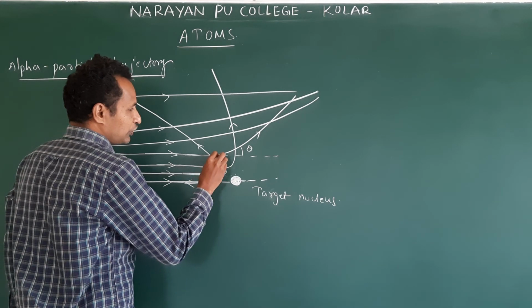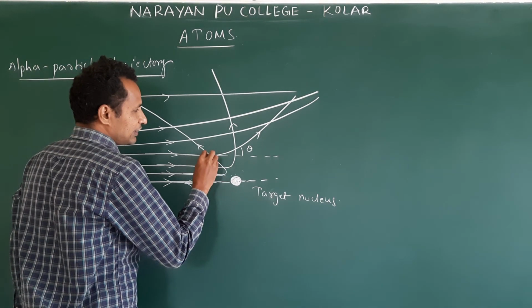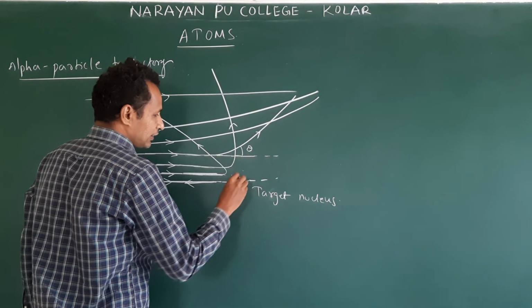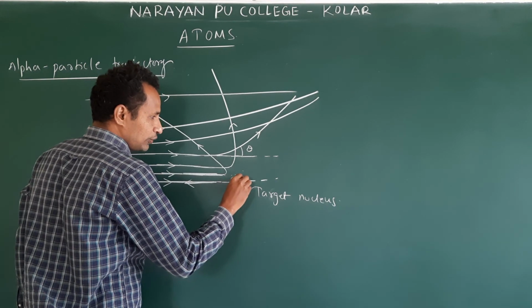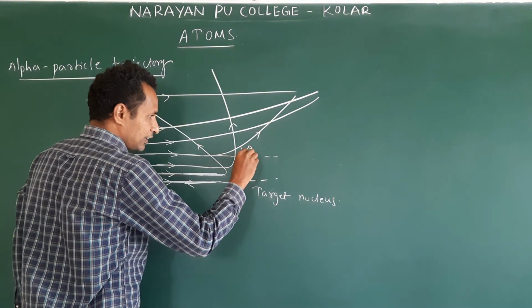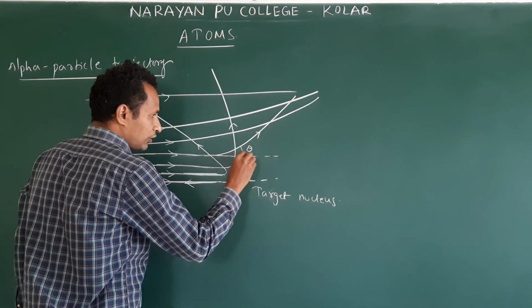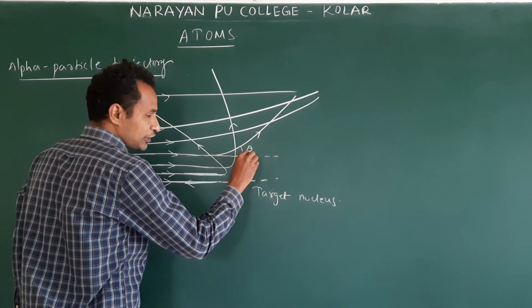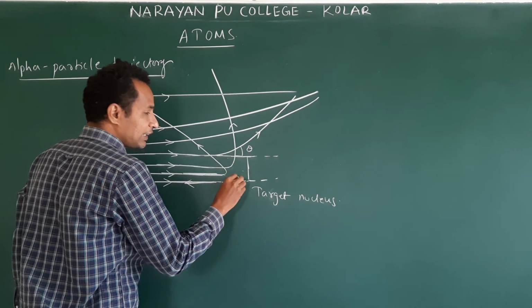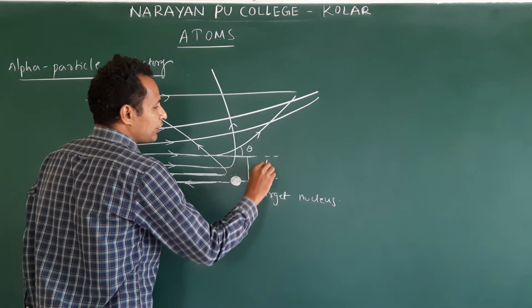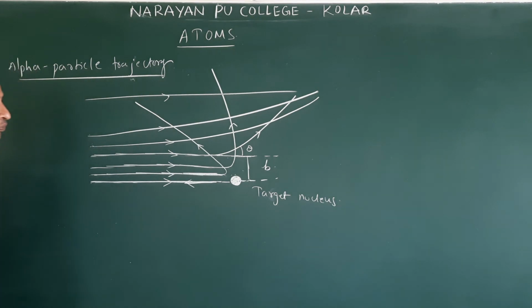Suppose you take this one, this is the direction of the velocity. This is the center of the nucleus, and this distance is the perpendicular distance from the velocity direction to the center. We call it the impact parameter b.